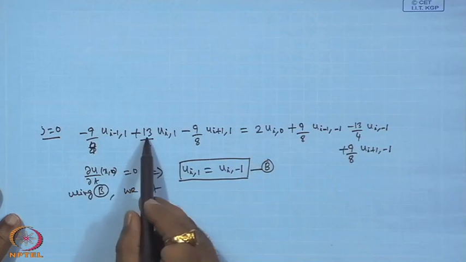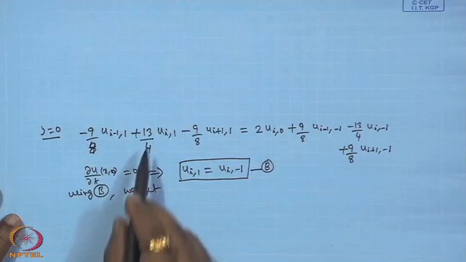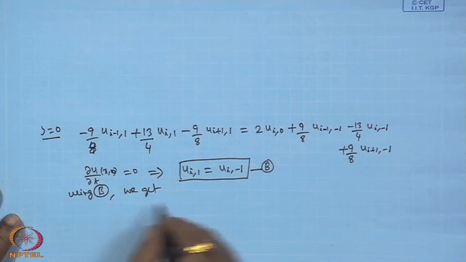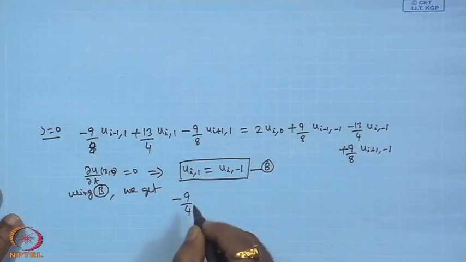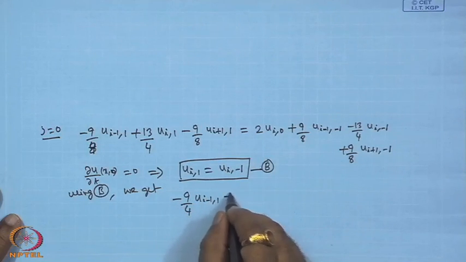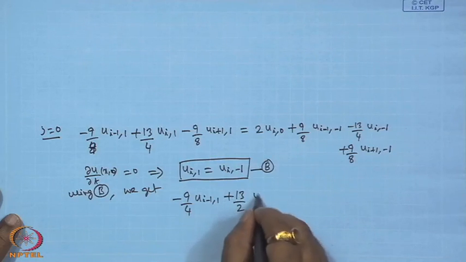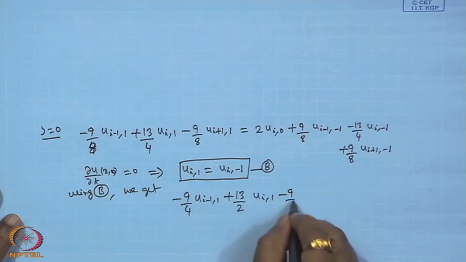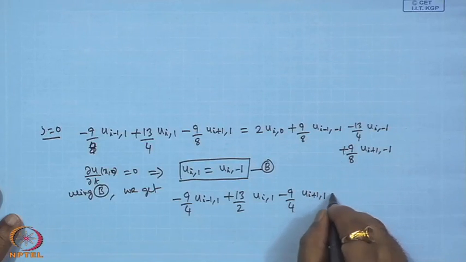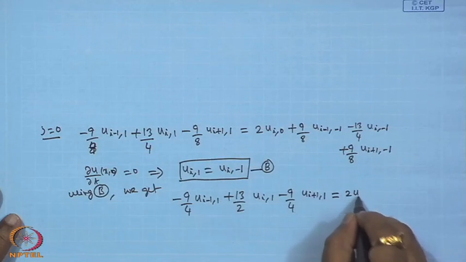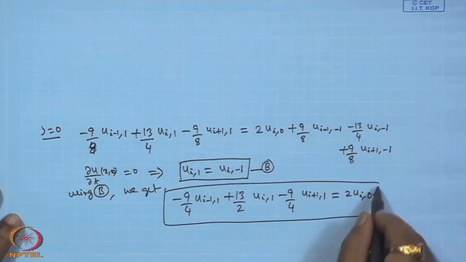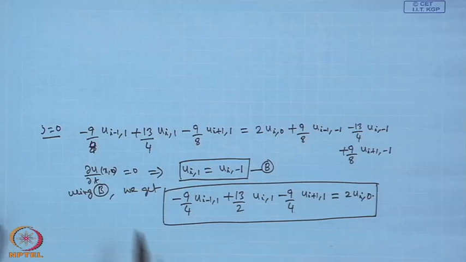So, plus 13 by 4. So, 2 times 13 by 4. So, all the terms on the left hand side get doubled. So, we get minus 9 by 4 plus 13 by 2 minus 9 by 4 equals to just, okay. So, this is for j equals to 0.